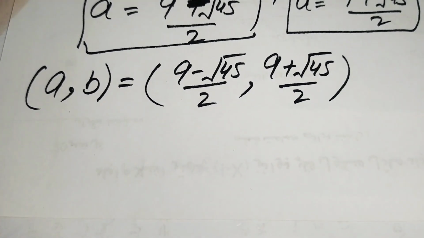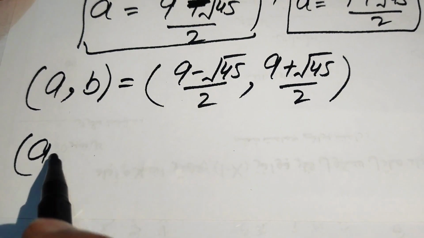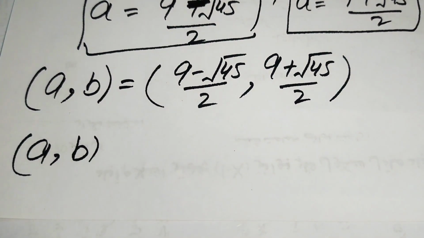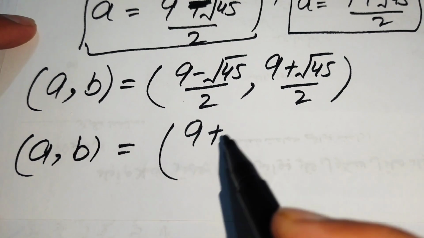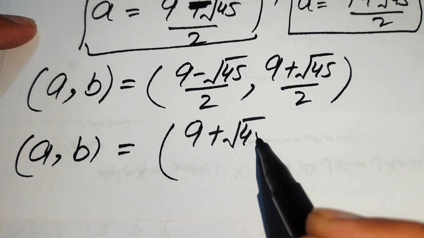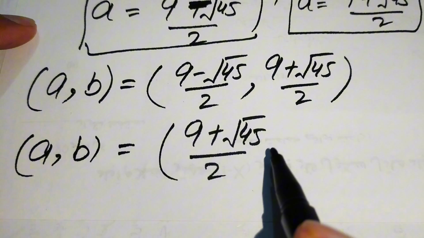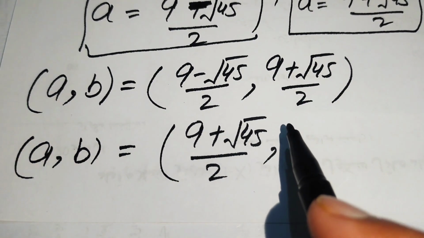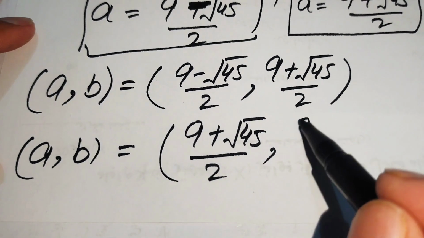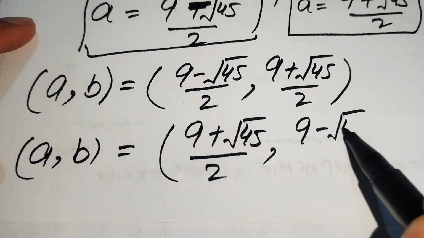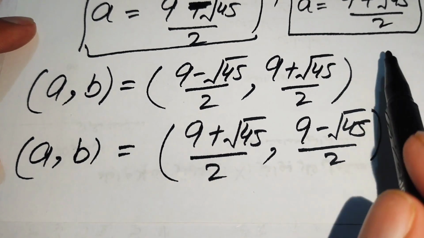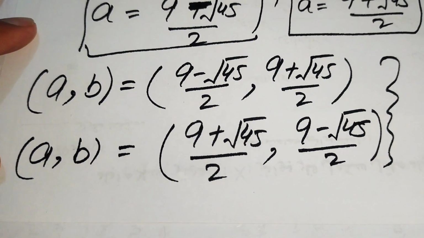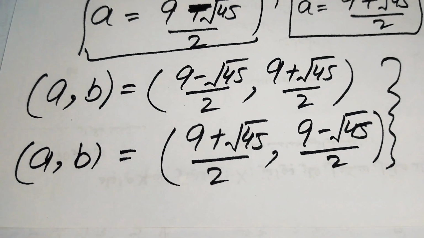Similarly, the solution from the second case is a equals 9 plus square root of 45 divided by 2, and b equals 9 minus square root of 45 divided by 2. These are the two solutions of this problem, and this is the final answer.